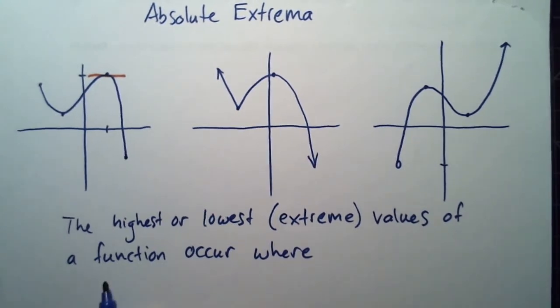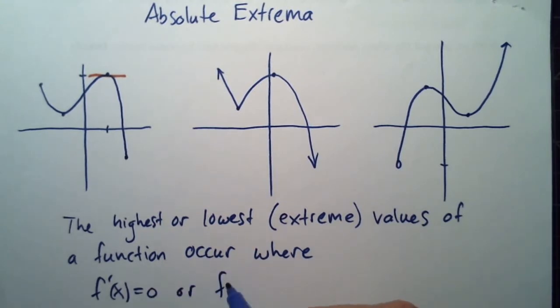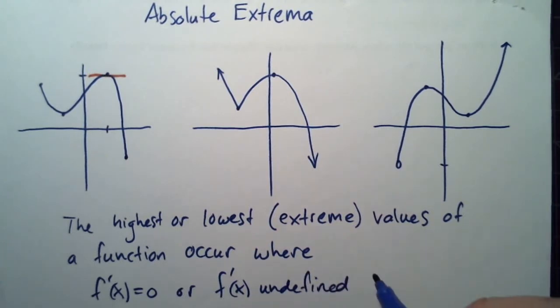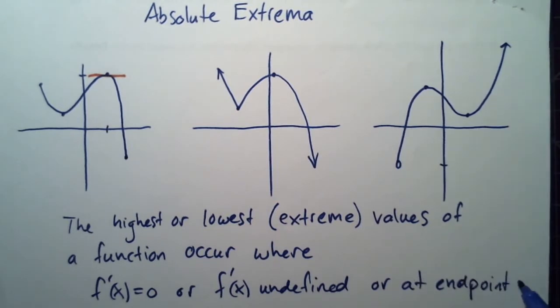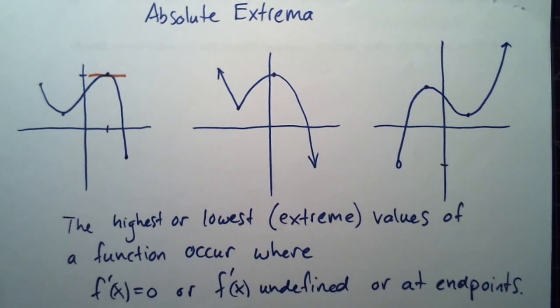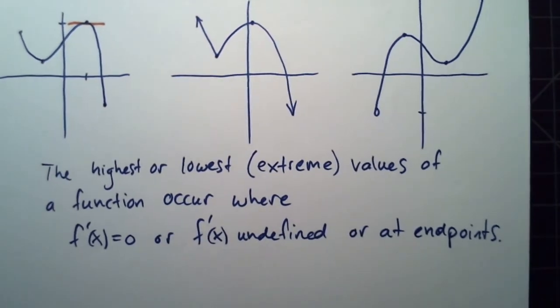Okay, so a function's extrema occur where f prime equals 0 or f prime is undefined, or at endpoints. So now, without looking at a graph, we can just start analyzing the derivative.